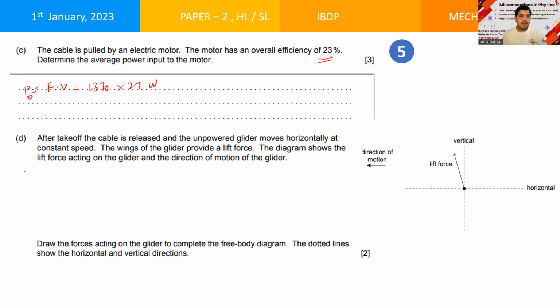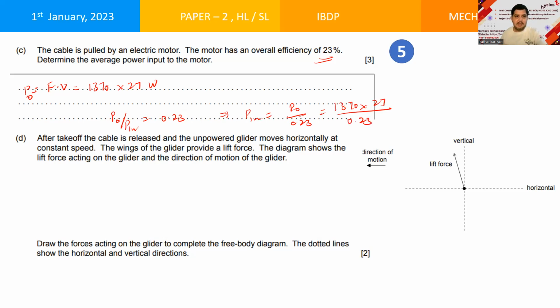Now input power. Because it's being pulled by an electric motor, you need to find out what is your input power. So let me write P output by P input is equal to 0.23, which means I need P input. P input should be equal to P output over 0.23, which is 1,370 multiplied by 27 divided by 0.23.